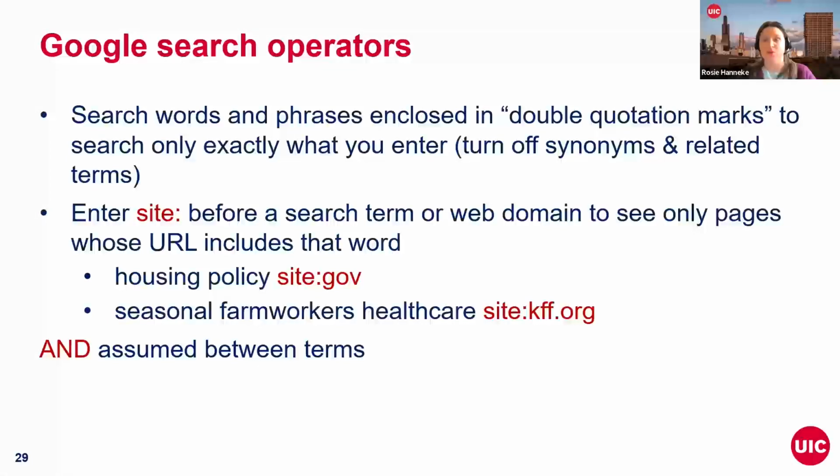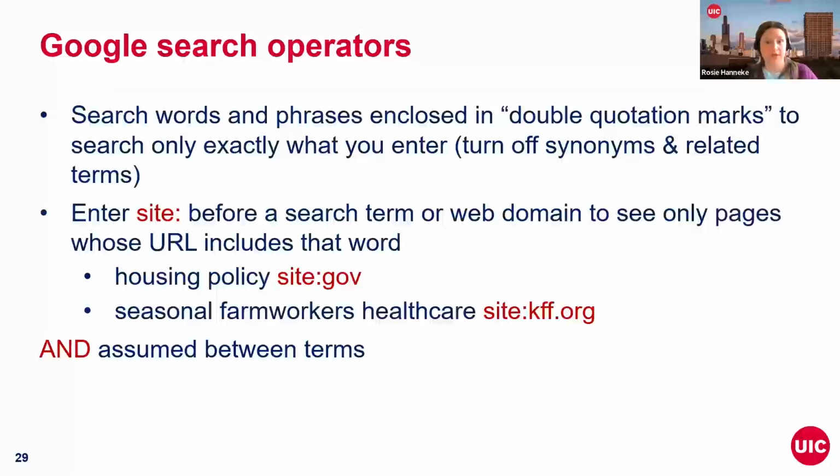So you could say, we did a gray literature search of government websites by searching housing policy site:gov or .gov. And then I'm going to show you an example in just a couple of minutes from a review that I worked on, but you can search multiple individual websites using Google. So you could say, we searched the website of KFF for seasonal farm workers in healthcare.